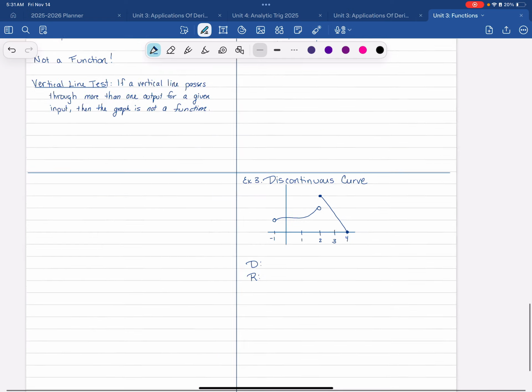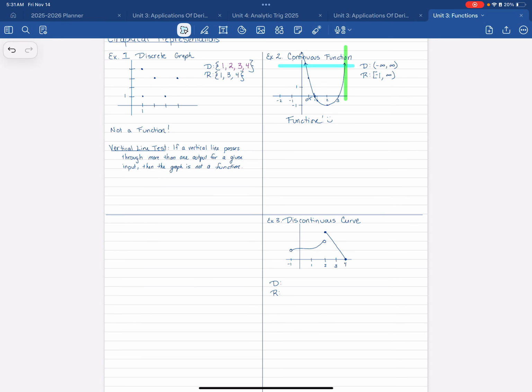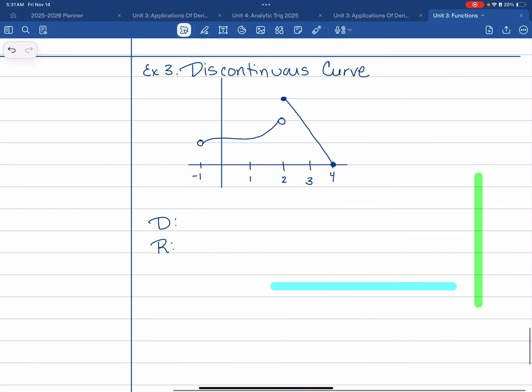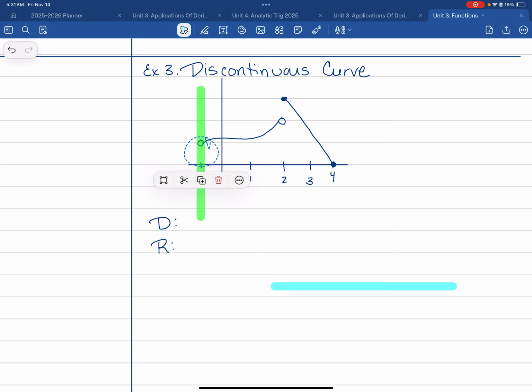So I'm going to go ahead and grab my two little tools that I have up here and bring them down. And again, you're just using your pencil, and I would have just used my pencil in class had I not been out. So we're going to start with our domain. I'm starting with a vertical line because when I'm looking at domain, I'm going perpendicular so that I can literally read what x values are true for this function.